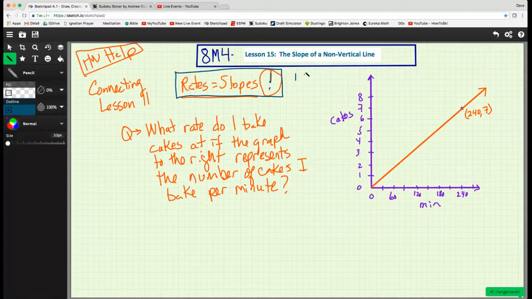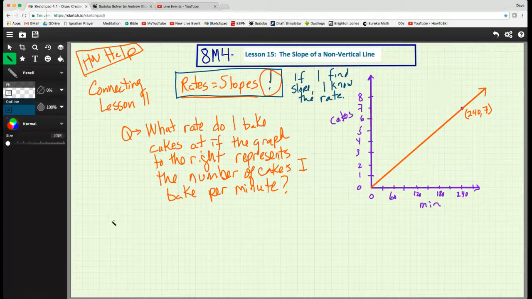So if I find slope, I know the rate. How does that work? Well, let's find the slope. Here is a problem that says, what rate do I bake cakes at if the graph on the right represents the number of cakes I bake per minute?